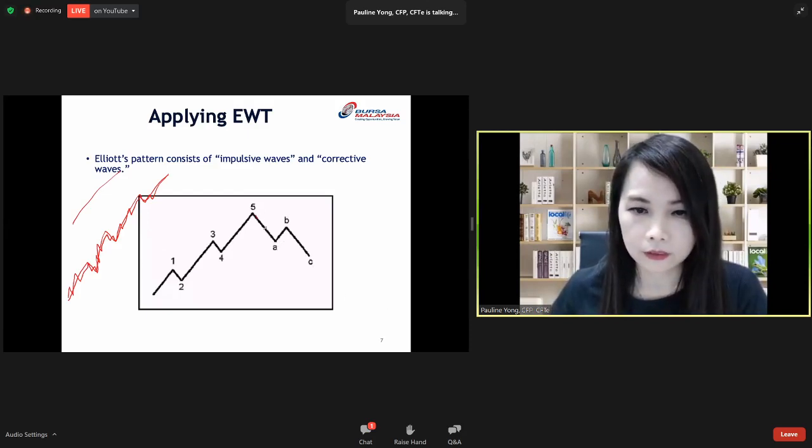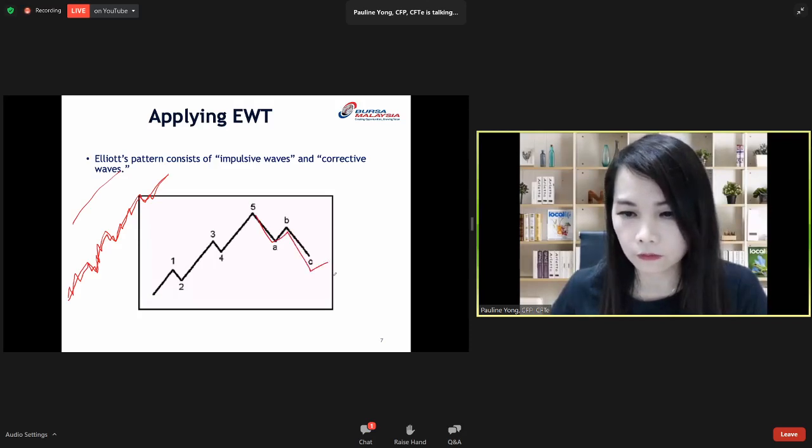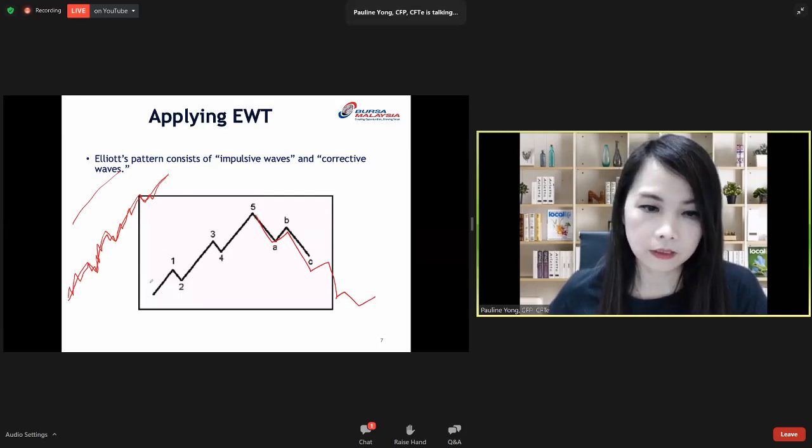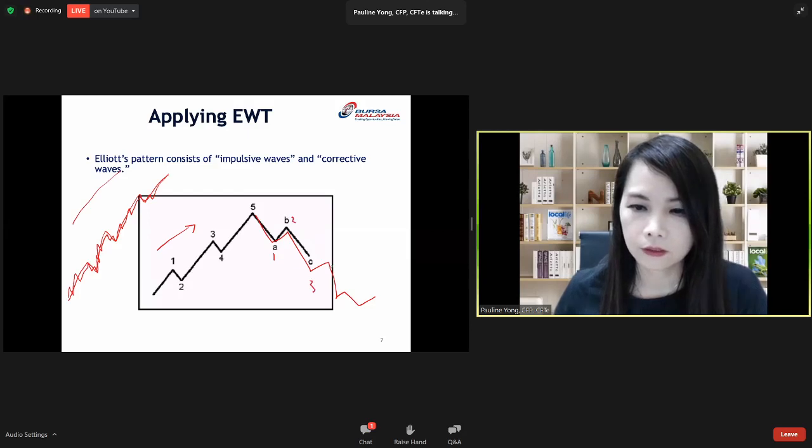Okay, so it will be like this: 1, 2, 3, 4, 5, and then A, B, C, the correction is here. So we are looking at wave 1 down, okay? Because this is an uptrend. Uptrend, the wave 1 is up. So when you are doing the downtrend, the wave 1 has to be down, okay? So this is wave 1, 2, 3, 4, and 5.